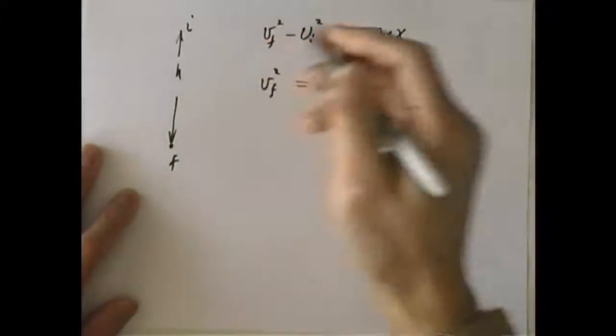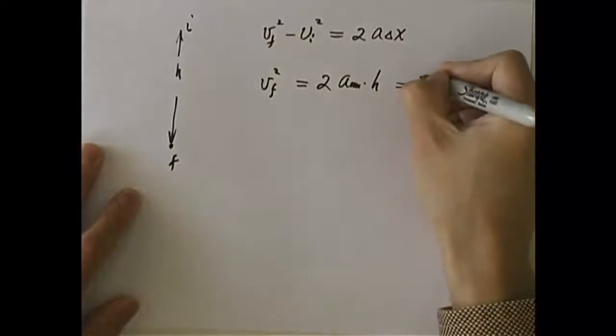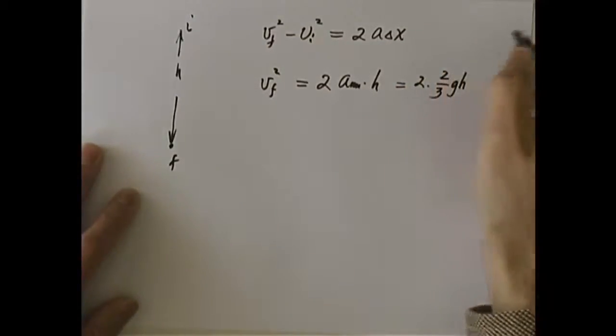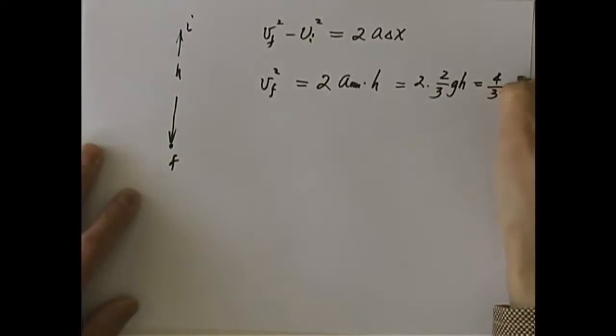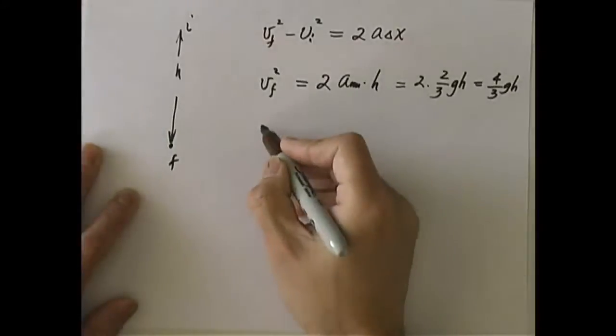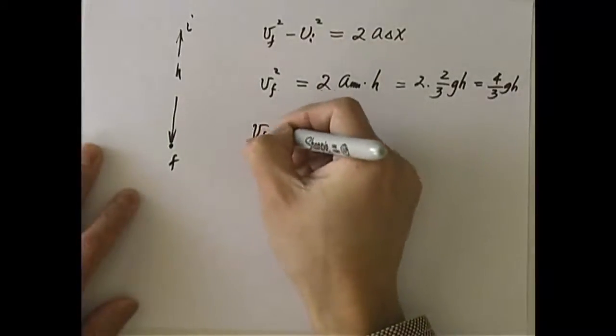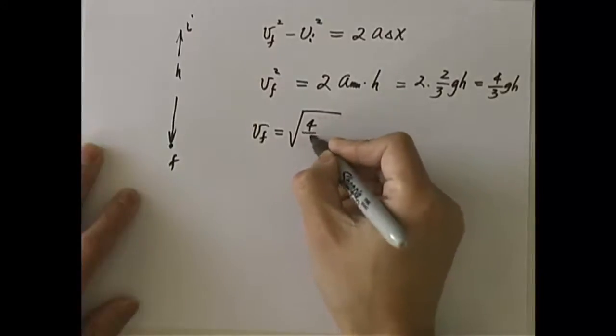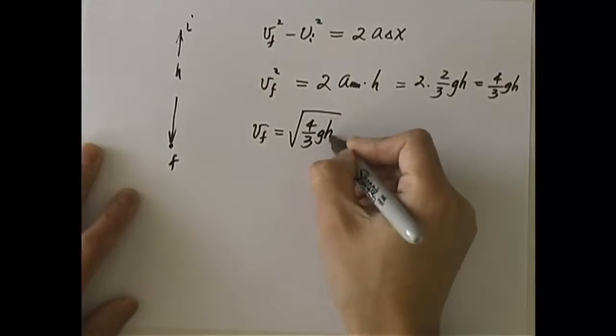H is delta x from here to there. ACM is 2/3 g. So the answer here is 4/3 gh, and that's v final squared. So the final speed of the center of mass is the square root of 4/3 gh.